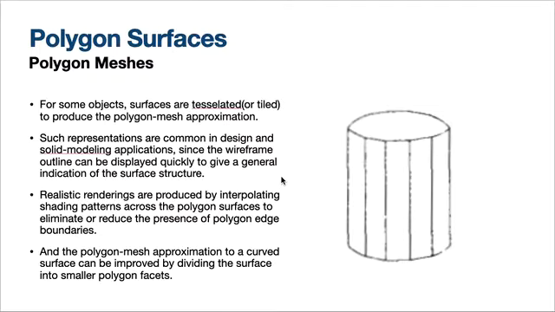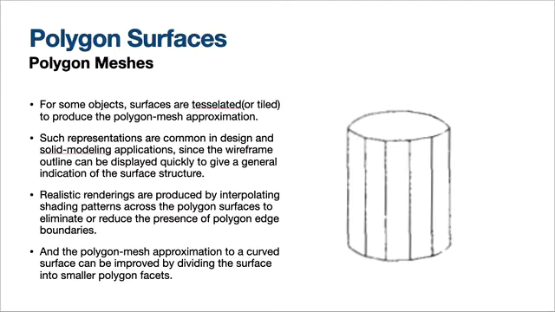Okay, so we have said that an object can be represented as polygon surfaces and you can display it. For some objects, the surfaces are tessellated or tiled to produce a polygon mesh approximation.